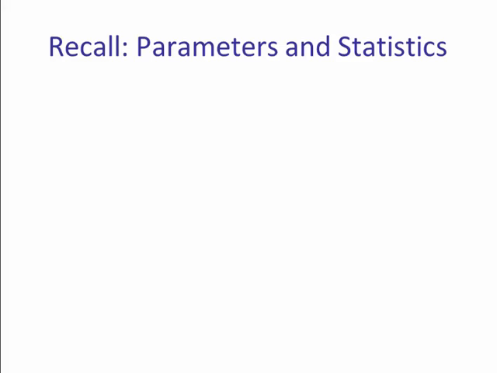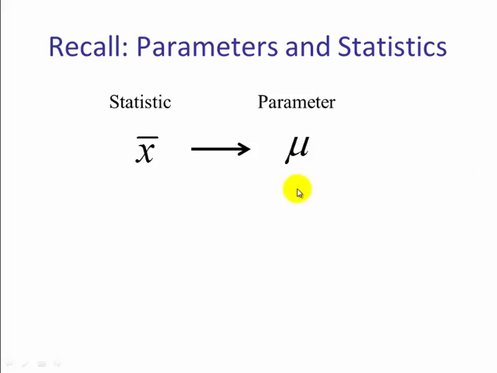So let's review what parameters and statistics are. A statistic is a numerical value coming from a sample. A parameter is a numerical value coming from a population. If you recall, x bar is our first example of a statistic, and it can estimate the population parameter mu. This is a sample mean, but it estimates a population mean.